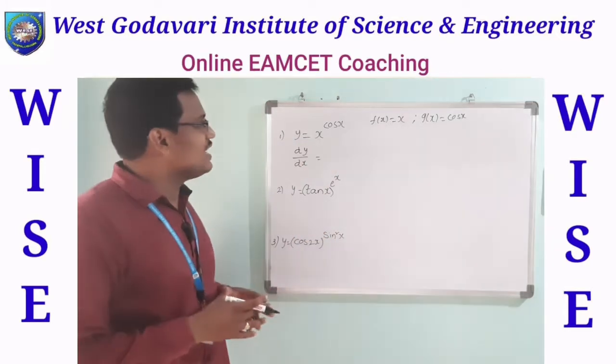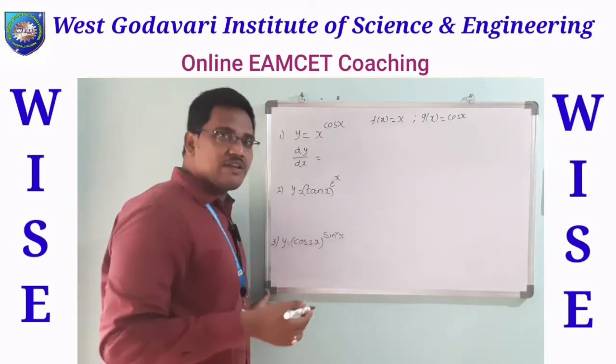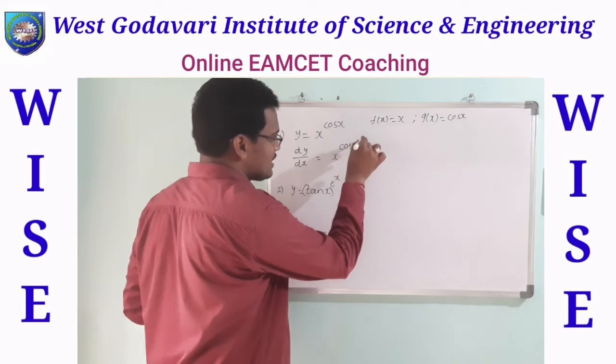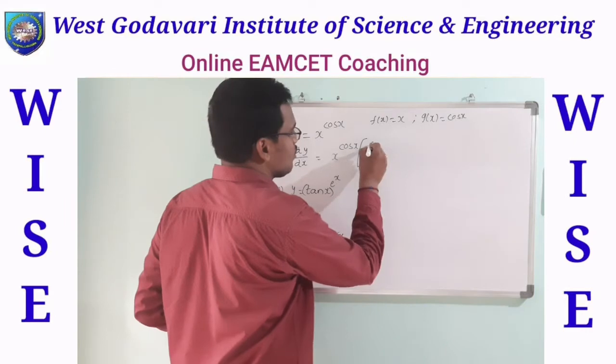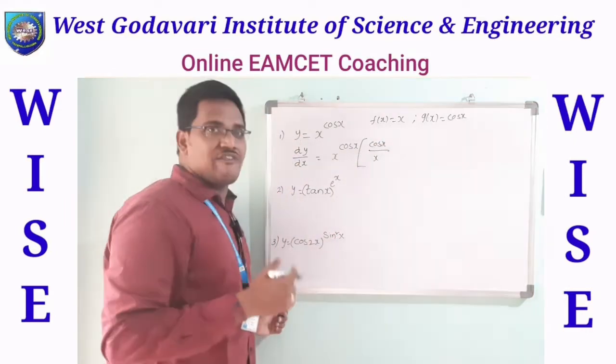Now let us see. Here the shortcut method is f of x whole to the power of g of x. So that is x whole to the power of cos x, g of x by f of x. Here g of x is cos x by x, into f dash of x.